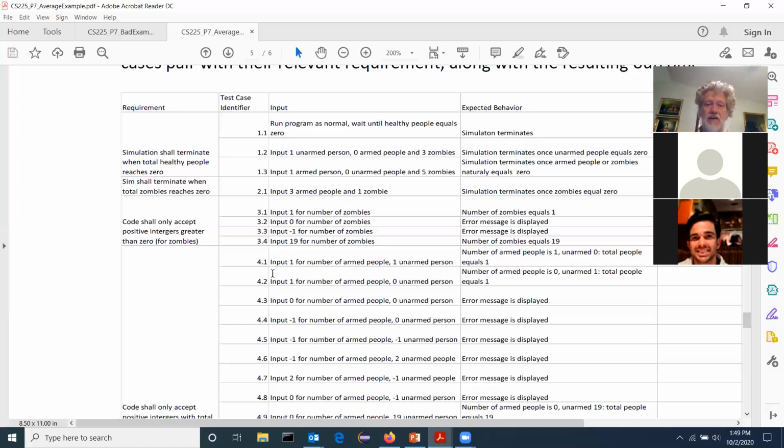This could have all been done in test code where they set the attribute for armed people to 1 and unarmed people to 1. And then the total people, I think there's a typo there. Total people should be equal to 2, right? The calculate total number of people method should return 2, or the total number of people attribute should be 2. No, not should be, shall be, right?